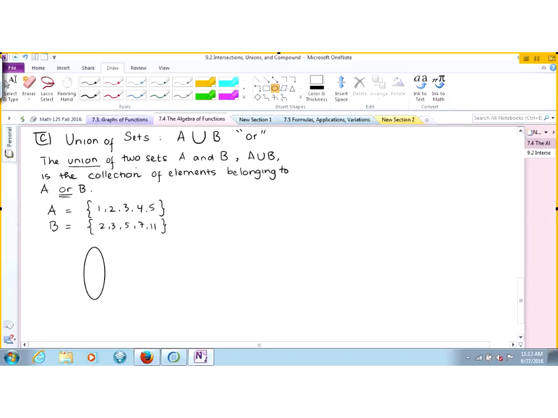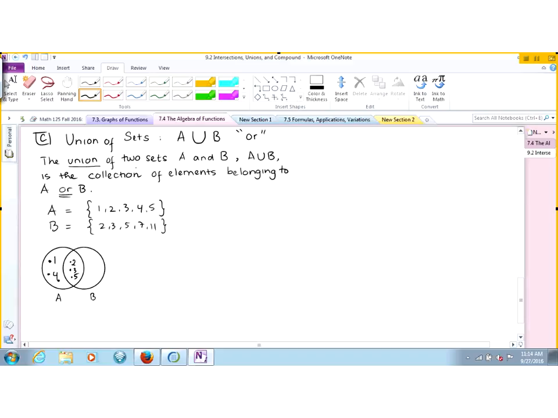All right. So this is your A, this is your B, this is what's common. What's the intersection? 2, 3, 5.